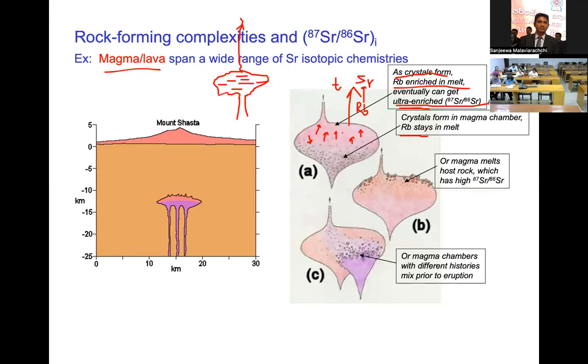So it will be very high in strontium isotopic composition when the eruption is taking place. So from the magma chamber, when the eruption is taking place, that magma will be enriched in strontium isotopic composition. That's why a lot of granites coming from the volcanoes will have large strontium isotopic compositions.